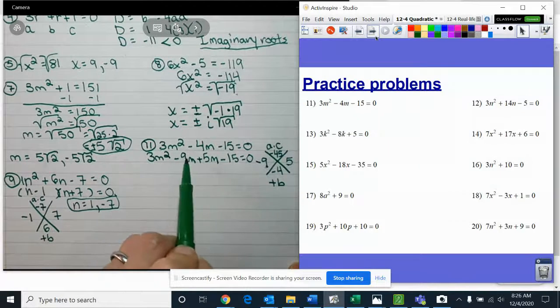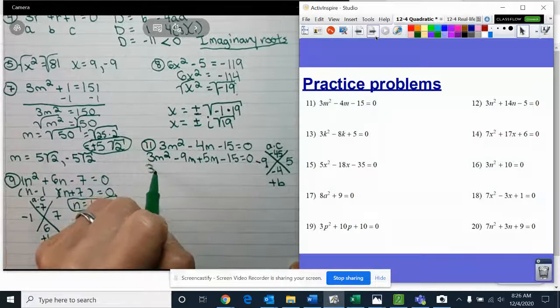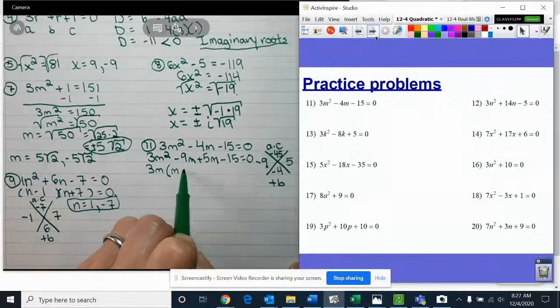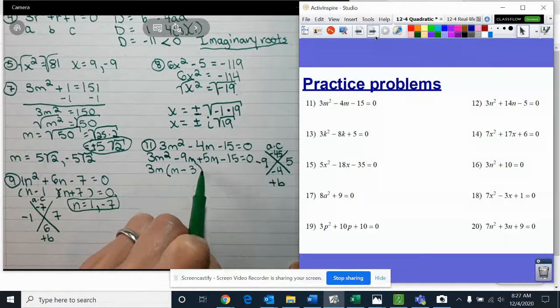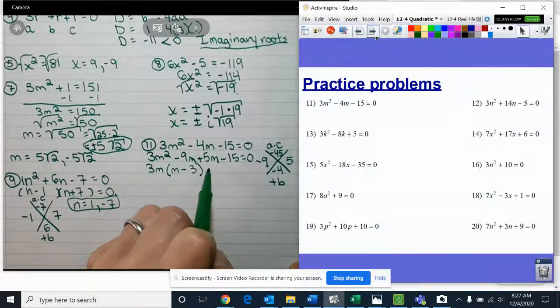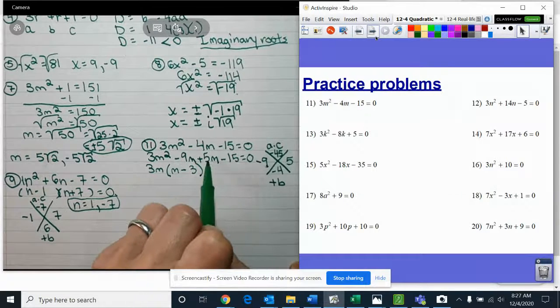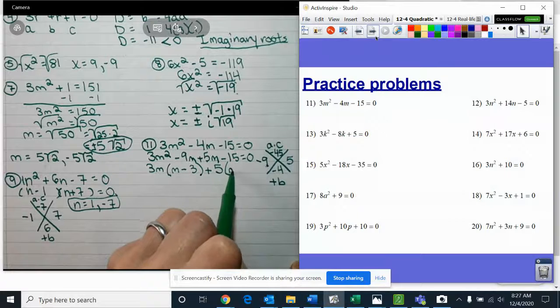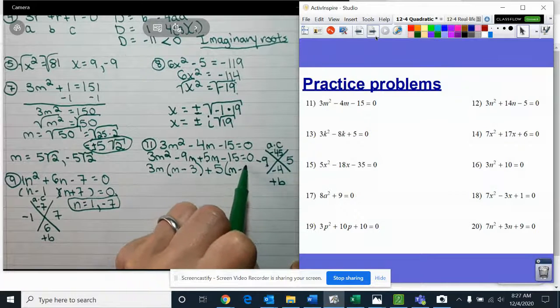Look for the greatest common factor. Of these first groupings, we have 3m, and when we factor out 3m, we're left with m subtract 3. But over here, in this group, the common factor is 5. So we divide out 5, and we're left with m subtract 3.